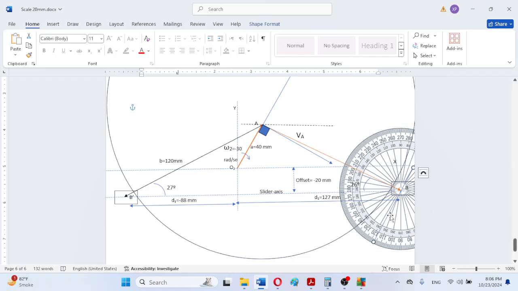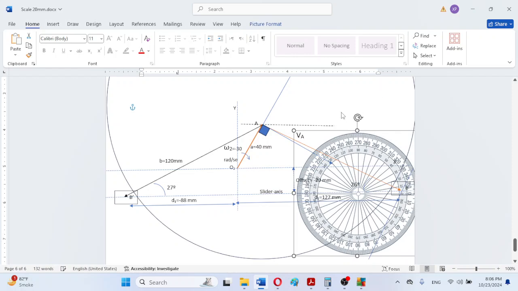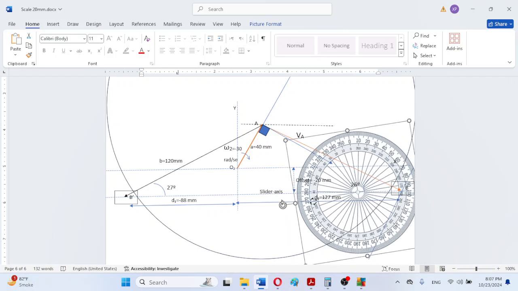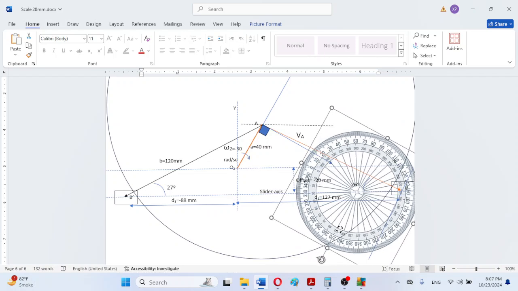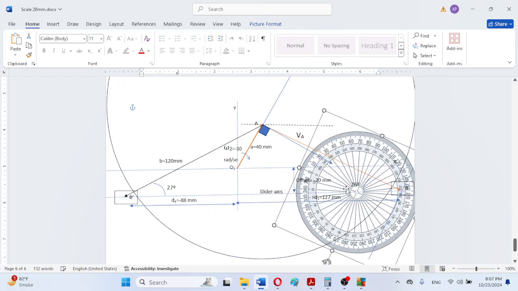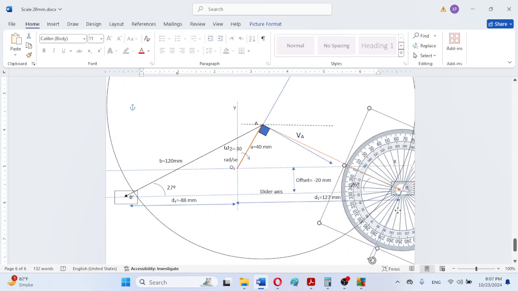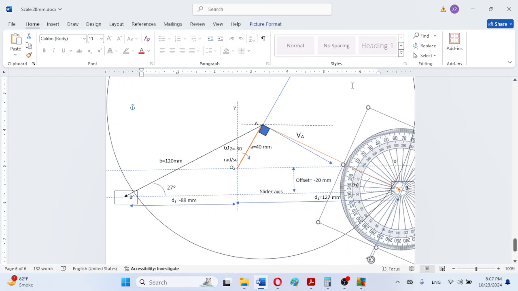So we can observe here that, for example, we can move this protractor, and we can say its 0 line is here, and we can place this 0 line along this crank like this.